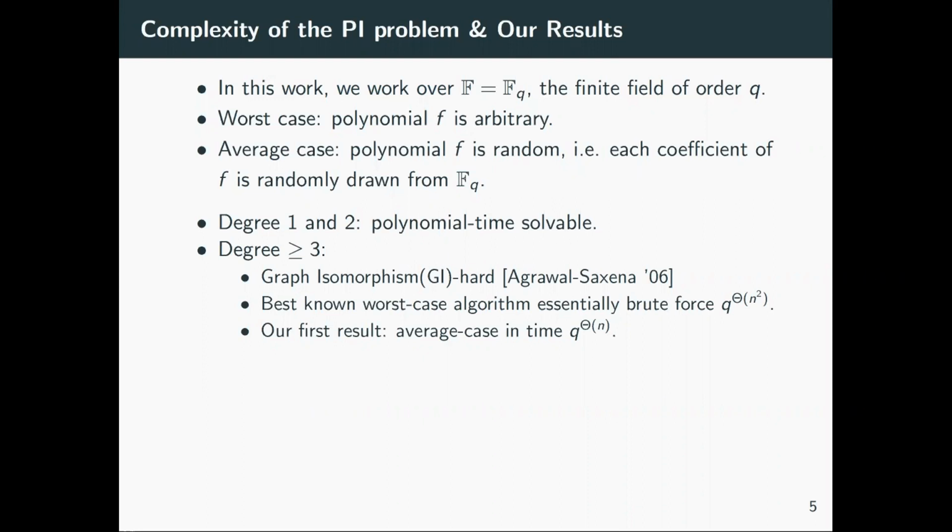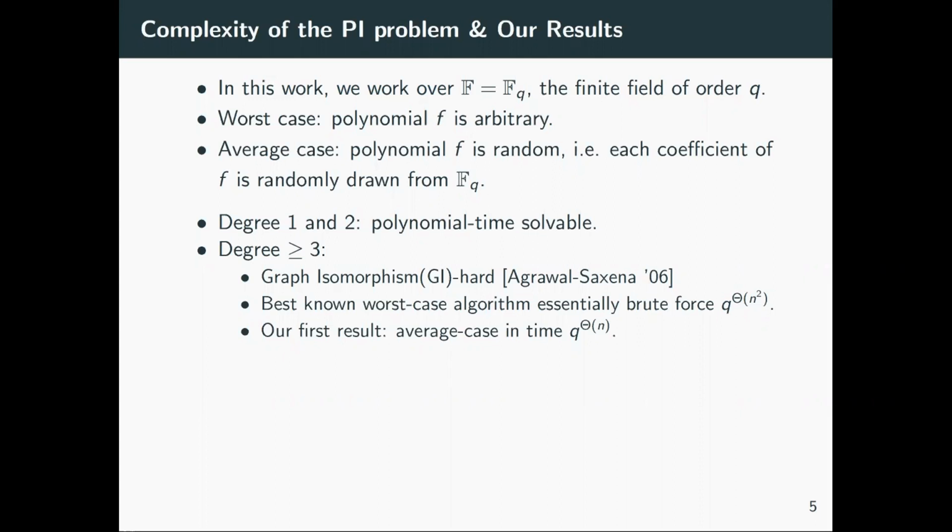Agrawal and Saxena in 2006 proved that it is at least as hard as graph isomorphism. And once we get to degree 3 or more, the best algorithm that we have is still essentially brute force. Over a finite field of order q, you get running time q to the n squared. And in the worst case, that's the best known.